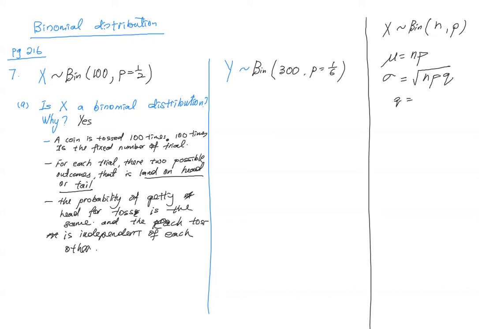Q is 1 minus P. All these are about binomial distribution that you must know. Now what other question can I ask you? Calculate the standard deviation, there's part A and part B. For part B, for Y, I can ask you a question like that.